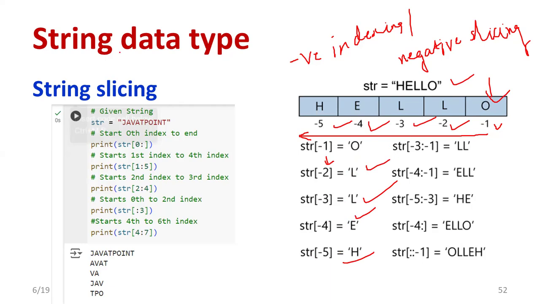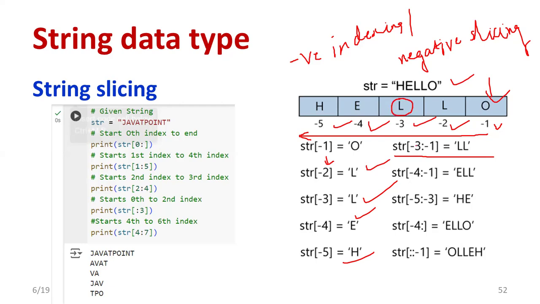We also have the possibility of selecting a particular range of slice. For example, if I talk about str, then -3 colon -1, what will happen? The -3 element you have to identify first. The -3 element will be L only, correct?